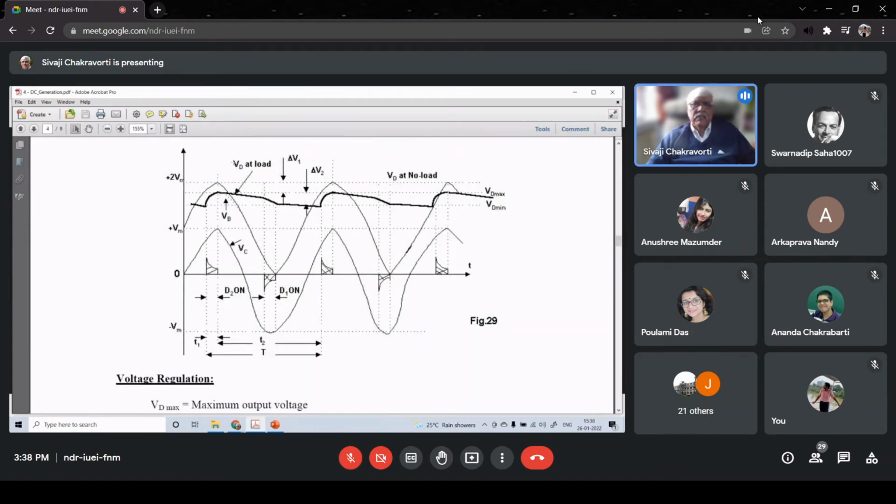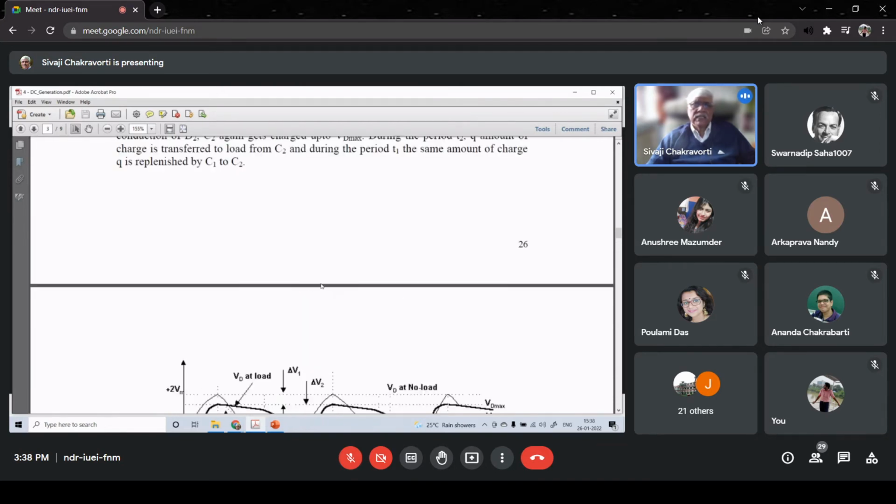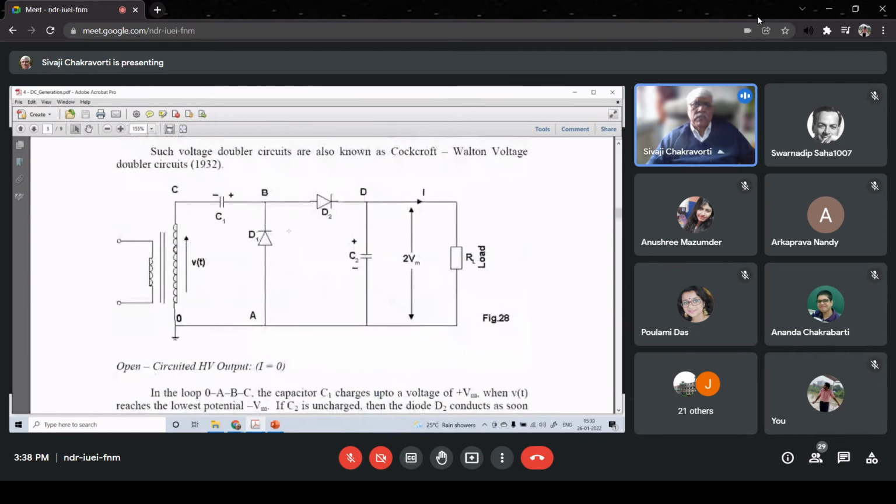Now see, there is a curve which is VD at no load. By the way, let me just explain what the two sinusoids here are. The smaller sinusoid of peak magnitude plus Vm is nothing but the transformer secondary voltage. The other sinusoid, which varies between 0 to 2 Vm, is quite obviously the potential of terminal B, because it has a potential of Vm across C1, which is a DC voltage, and it has an AC component of the transformer secondary, and they are additive.